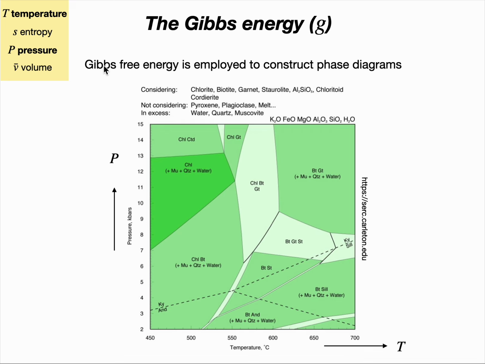So the Gibbs free energy is minimized for different values of P and T, and this allows us to define the different regions in this diagram where you have different paragenesis which are stable. So you see the different fields correspond to different paragenesis. So Gibbs energy is used to calculate this type of diagram, especially in the P and T space.